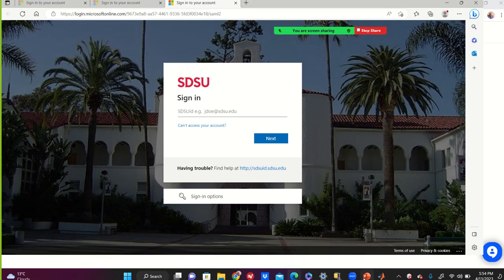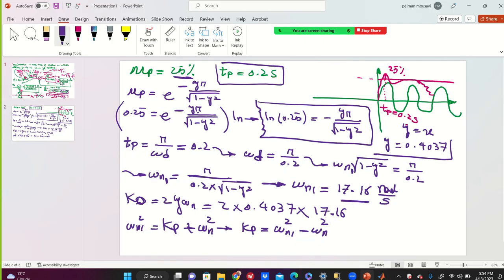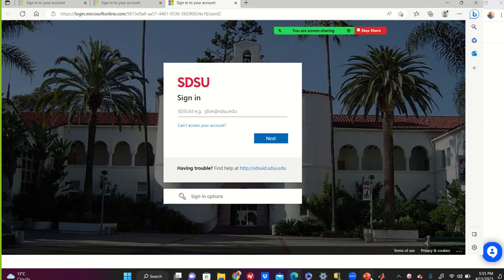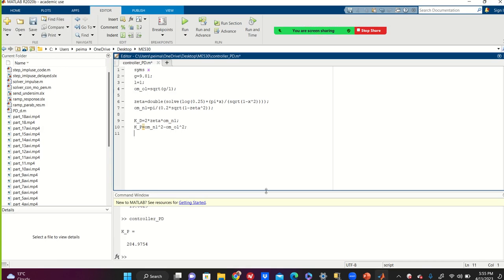Okay, good. Now we design the controller. What I'm going to do is plot the step response. Kp plus Kd s divided by this. See what I'm saying? So your num, for this second order system, guys, as I taught you, is Kd s plus Kp.